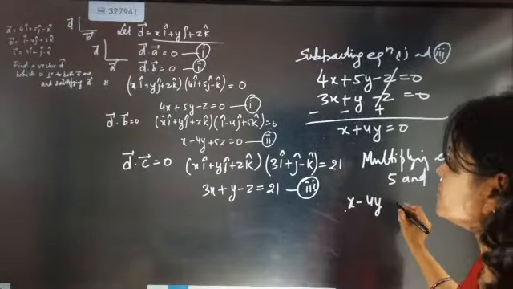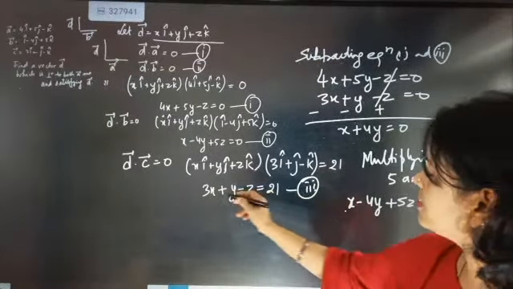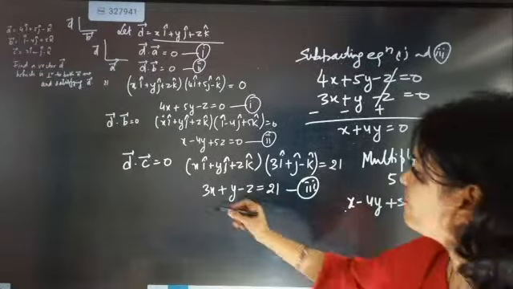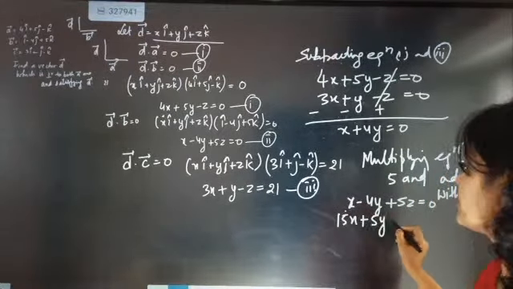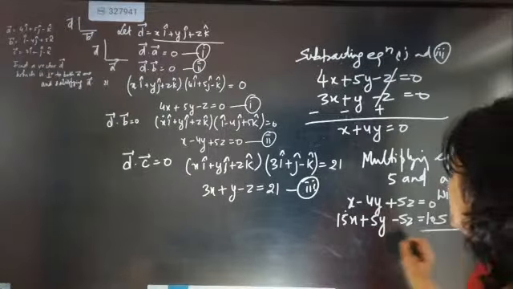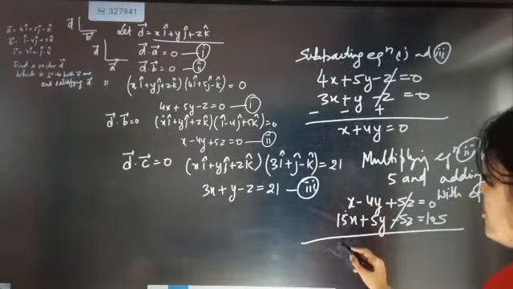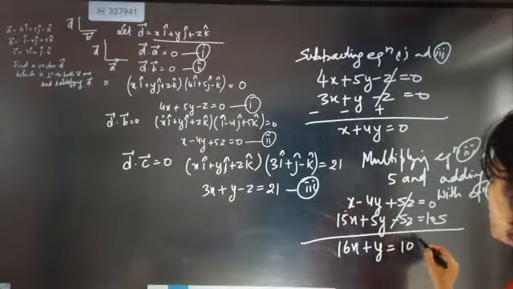So x plus 4y plus 5z equal to 0, and this is multiplied by 5: 5 3s are 15x plus 5y minus 5z equal to 5 1s are 5, 5 2s are 10. Now z is gone, so it is coming as 16x plus y equal to 105.